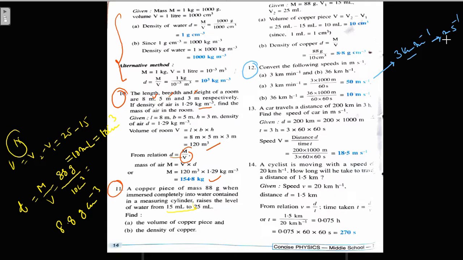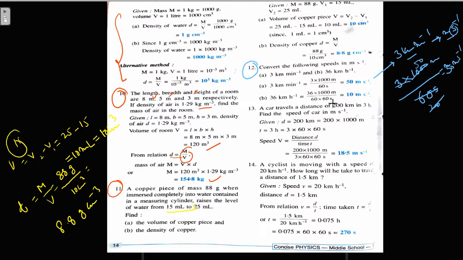So here kilometer, here meter. Write 1 kilometer contains 1000 meters, upon 1 minute, which contains 60 seconds, right? So we get 50 meter per second.